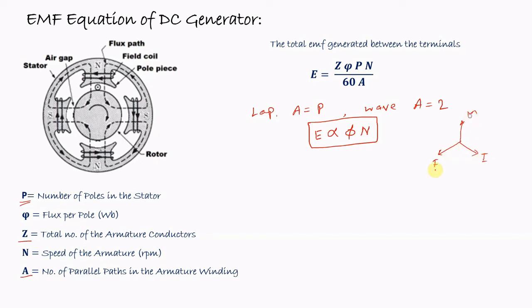If either the motion or the magnetic field is reversed, then the direction of the current, that means the polarity of the induced EMF, will also be reversed. And if both parameters are reversed, that means the motion as well as the magnetic field is changed, then the polarity of the induced EMF will remain unchanged.